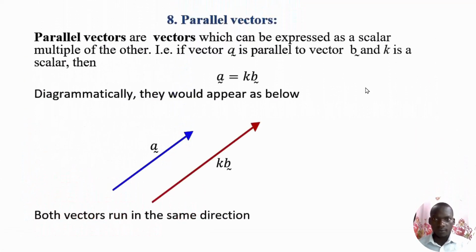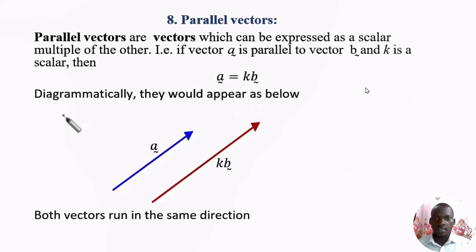We have parallel vectors. And what are parallel vectors? We are saying that parallel vectors are vectors which can be expressed as a scalar multiple of the other. So when given two vectors, for example vector A and vector B, and we have some constant k, or the scalar, then we can express vector A in terms of the other vector, B, by a scalar multiple.